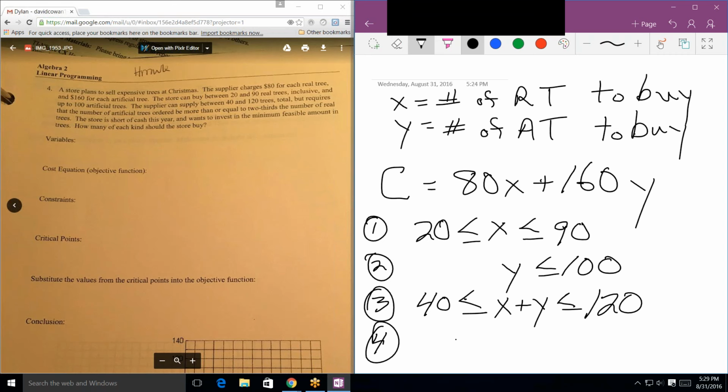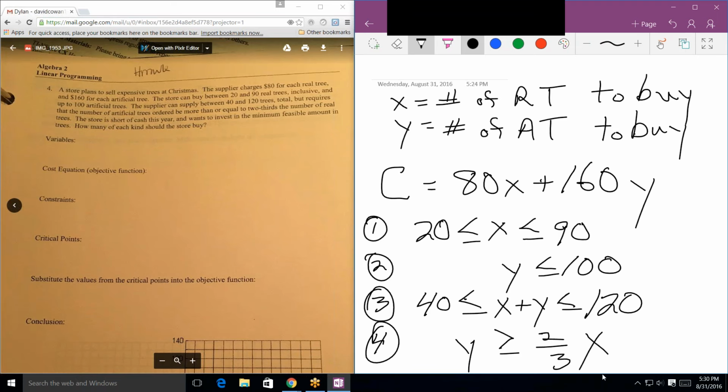So Y is the number of artificial trees, has to be greater than or equal to 2/3 the number of real trees, which is X. So Y has to be greater than or equal to 2/3 X. Okay. And that constraint goes along with number 3.